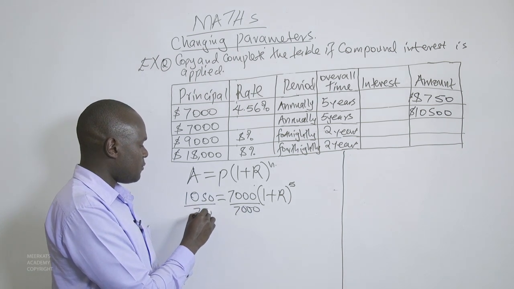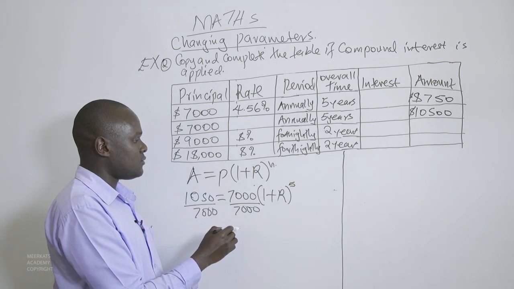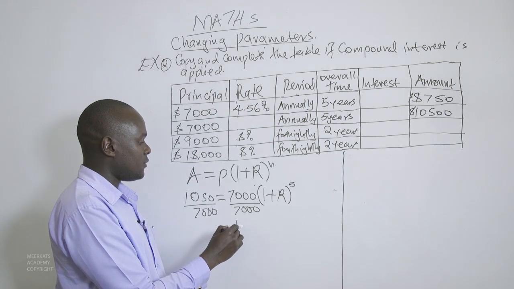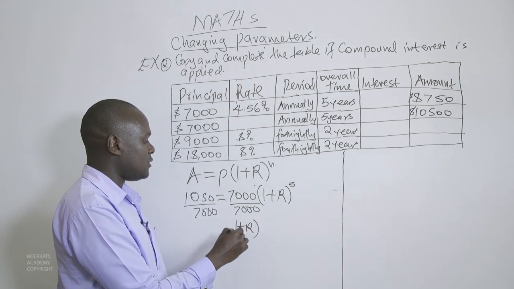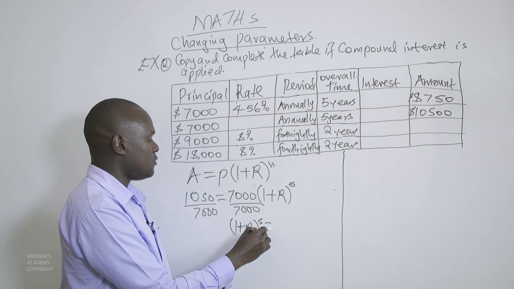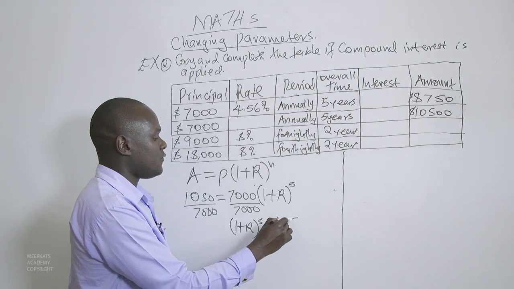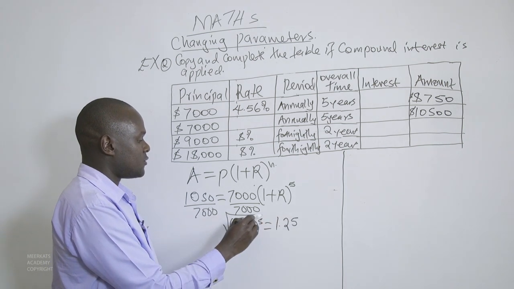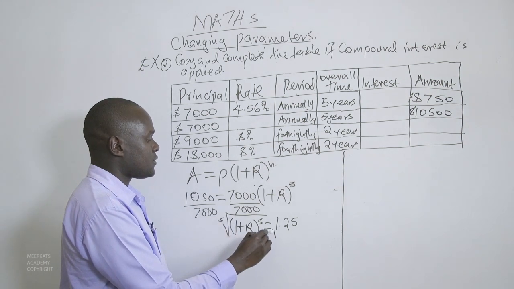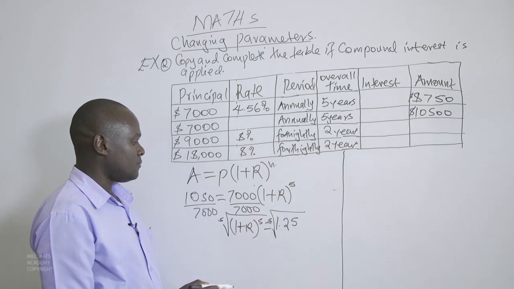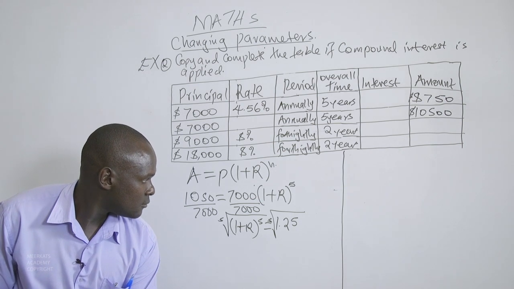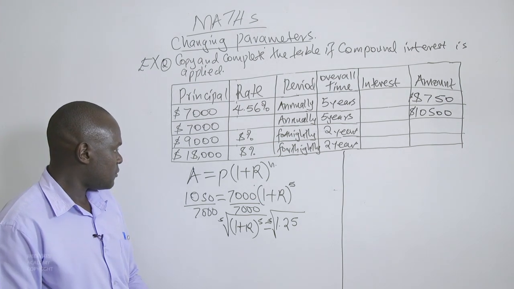When we divide all through by 7,000, we are going to have 1 plus r raised to power 5 being equal to... Will it be the same? Not really.